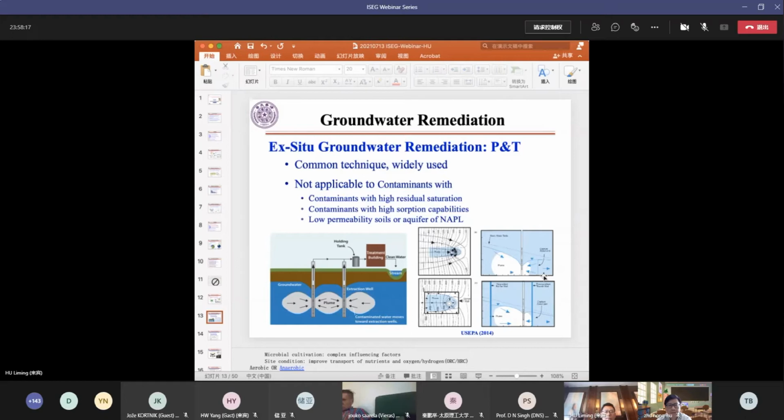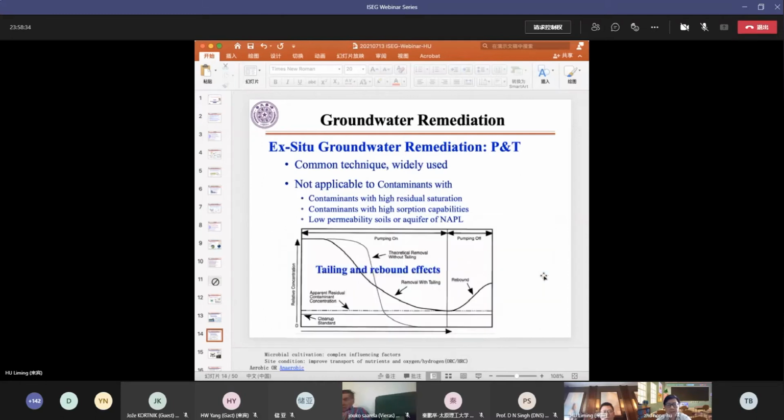For example, contaminants with very high residual saturation, or contaminants with very high sorption capabilities, or very low permeability soils or aquifers, this technology does not work very well. Another problem is the tailing and the rebound effect.